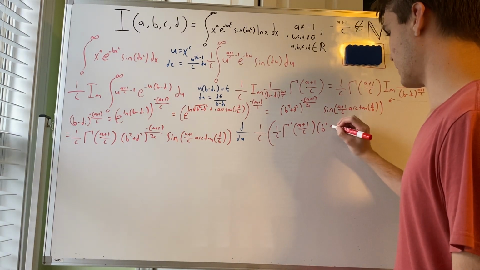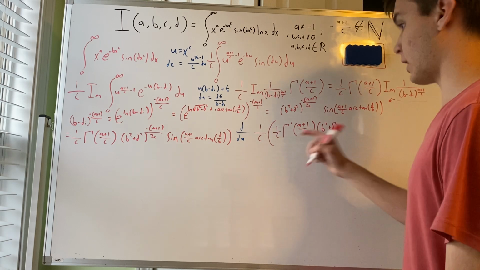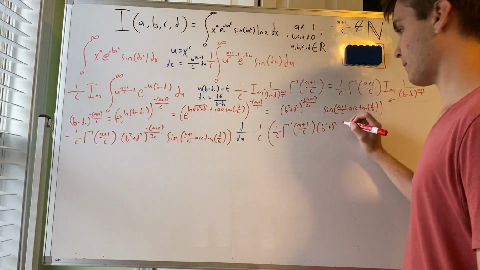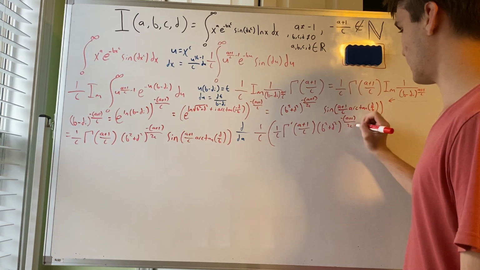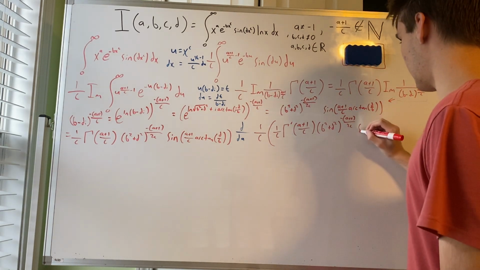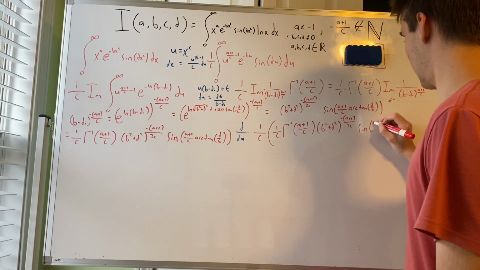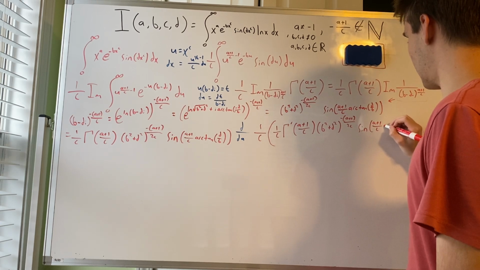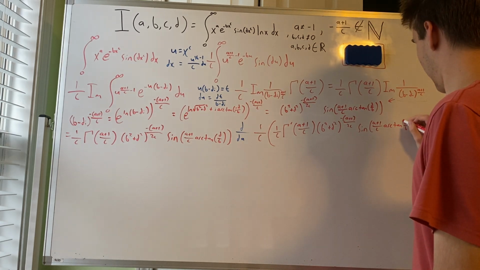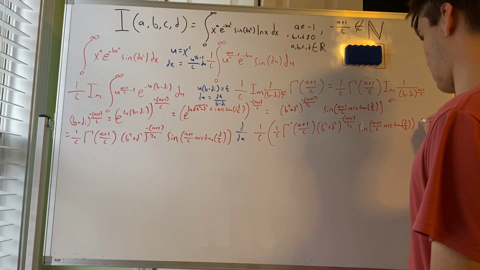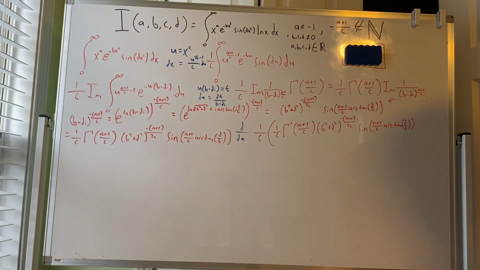So we're going to have b squared plus d squared, and we're going to need another line, by the way. So we have minus a plus 1 over 2c, and then sine of this. Okay, so that's our first term.